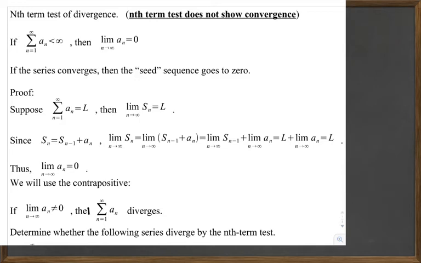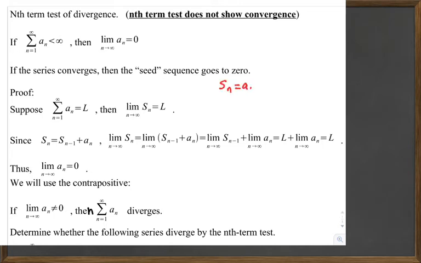So the idea of the proof is we go ahead and suppose that the sum from n equals 1 to infinity of a sub n is equal to L. Then what that means is if a series converges, then the limit of the partial sums, S of n, is equal to L. Then we make the argument since S of n is equal to S of n minus 1 plus a sub n.